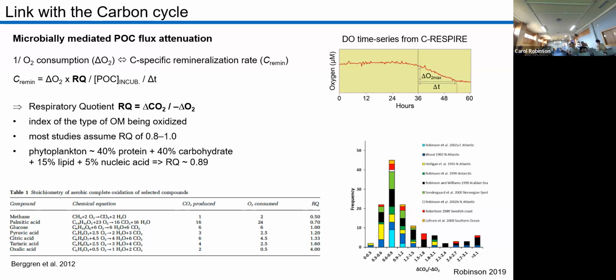For instance, if we consider the phytoplankton cell, typically it's composed of 40% of protein, 40% of carbohydrates, 15% of lipid, and 5% of nucleic acid, and it gives us a RQ of about 0.9. So this is the first assumption. You need to assume a RQ.